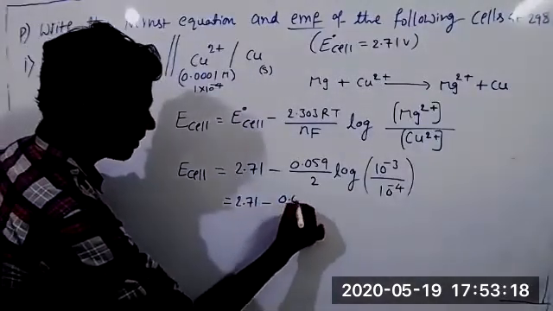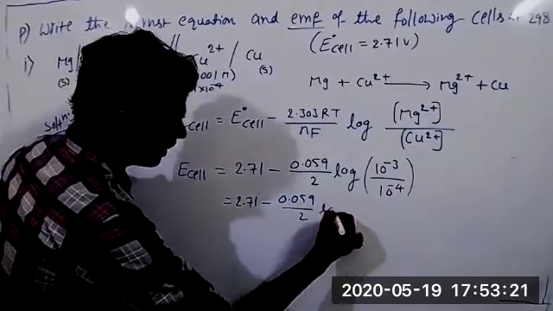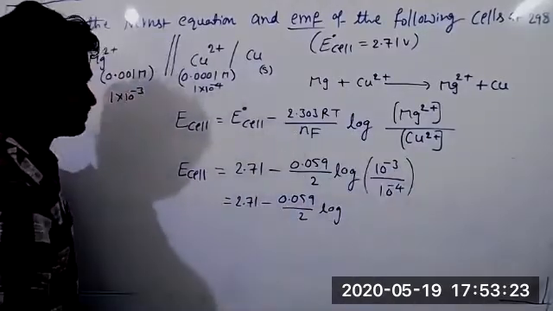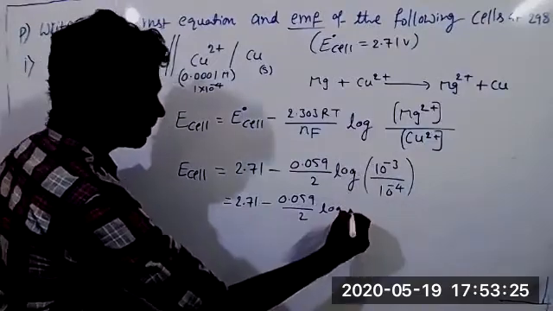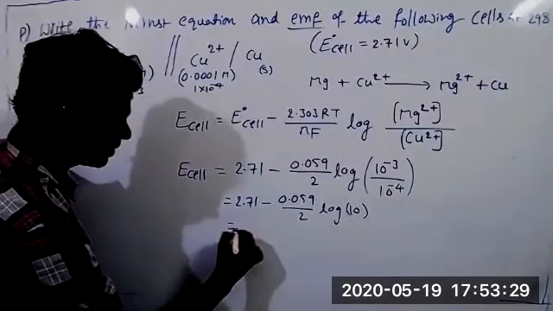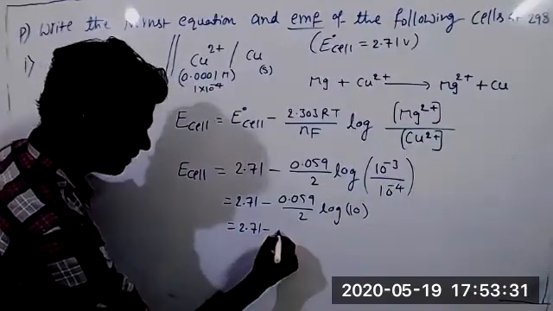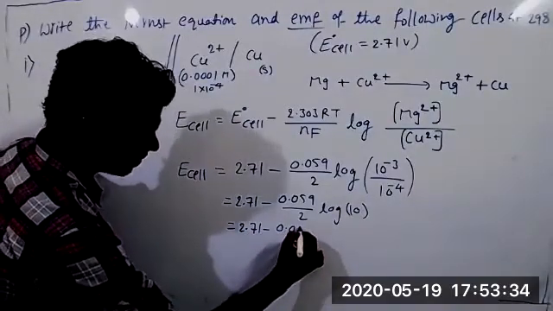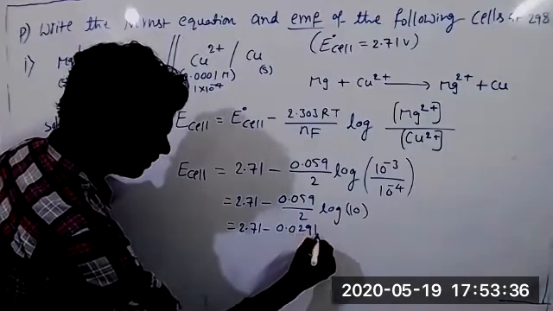2.71 minus 0.059 by 2 log of 10 power minus 3 by 10 power minus 4. So only 10 is left, and log 10 is equal to 1. So 2.71 minus this value, 0.0295.